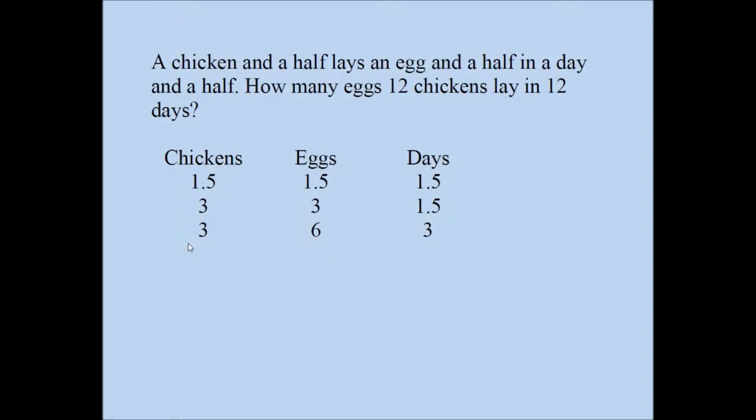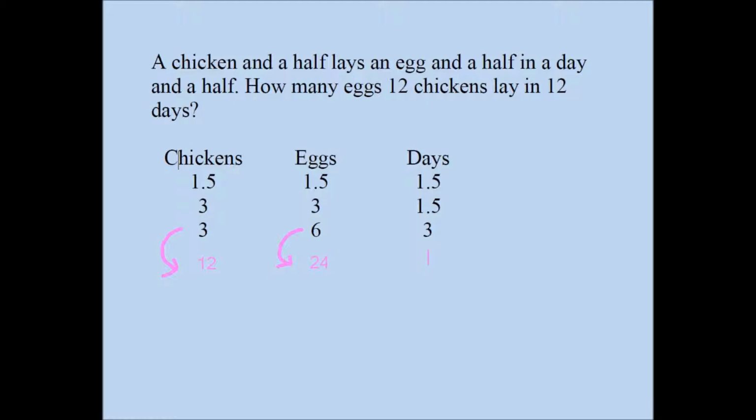Well, it's not that difficult. We can multiply this by 4 to get a 12 here. We can multiply this by 4 to get a 24 here. And we are going to keep it constant.